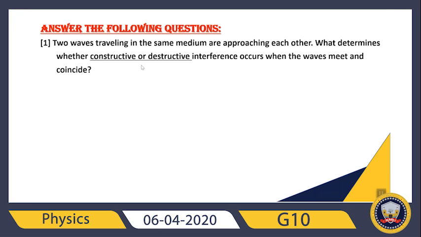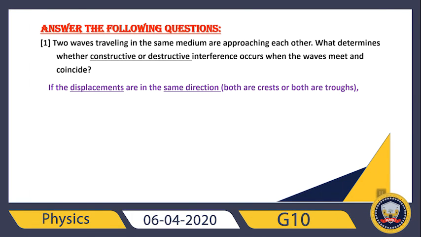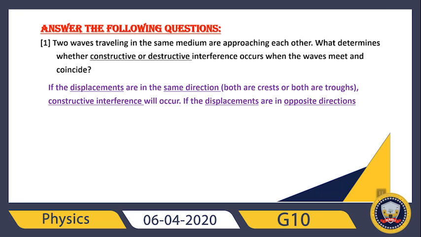Yes, if the two displacements are in the same direction from the equilibrium position, it will be constructive. But if the displacements are in the opposite direction, it will be destructive interference. Yes, as we have said before, the difference between constructive and destructive interference.